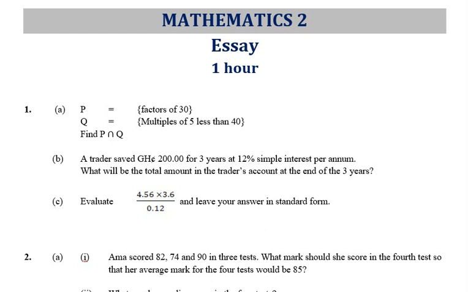What will be the total amount in the trader's account at the end of the 3 years? And it said we should evaluate 4.56 times 3.6 all on 0.12 and leave your answer in the standard form. That's question 1.